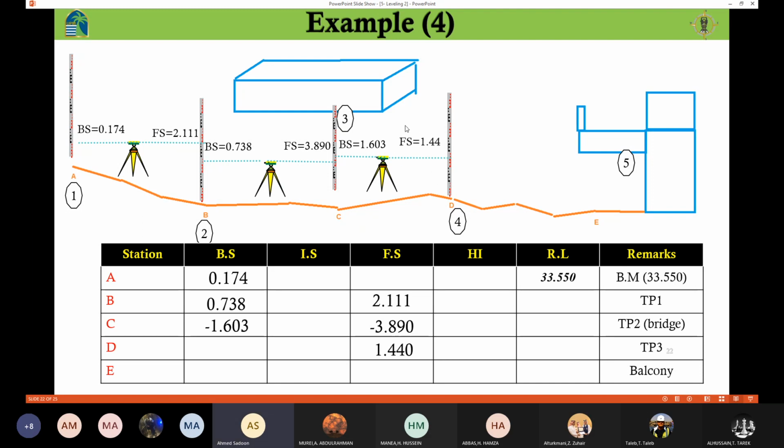And if this one is the foresight, that means I'm going to relocate the device to a new position. Then I'm going to take the backsight, it's going to be positive, while the last reading, this one, since the staff is held upside down, is going to be with a negative sign. It's going to be minus 2.192. Then the calculation is going to be similar to what we have done earlier.